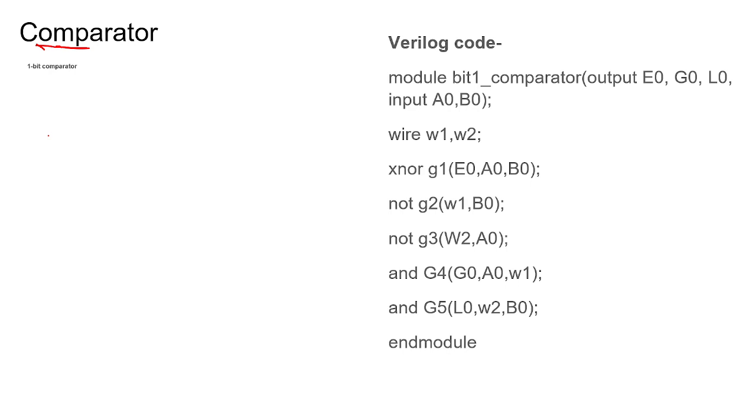So for the comparator also, okay. So this is 1 bit. So A0, B0, 2 bits. And then we'll have equal, greater than, or less than. So for equal, we will define E0 for equal, G0 for greater than, L0 for less than.